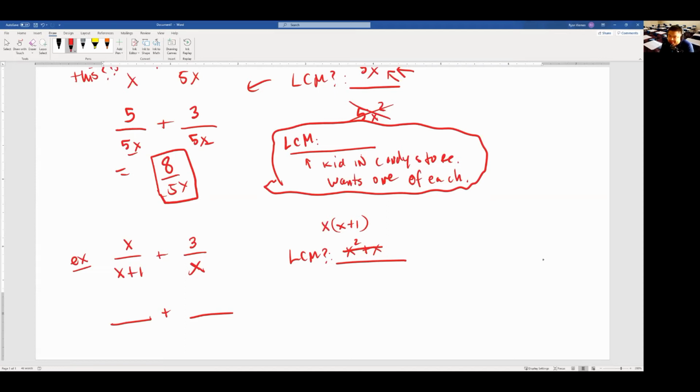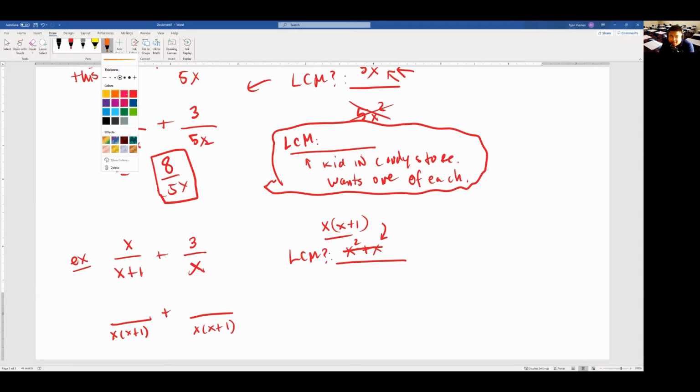My least common denominator is X parentheses X plus 1. I know it's the same as this, but I want to write it like this, and here's why. By writing it like this, I can now see exactly what I need to multiply by each one.